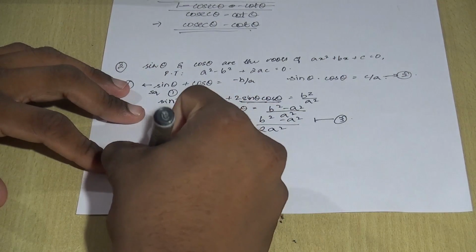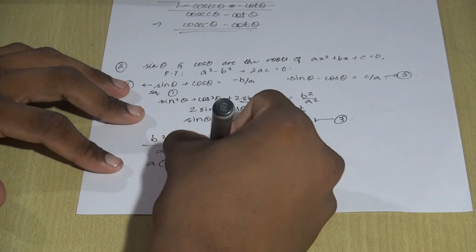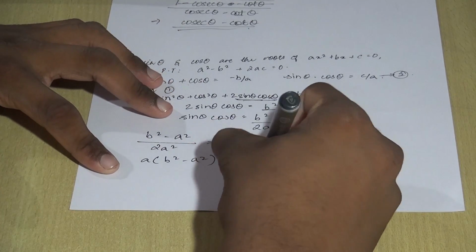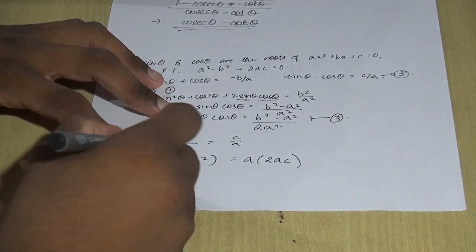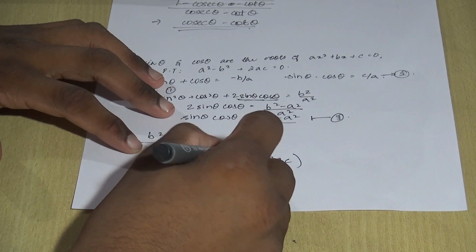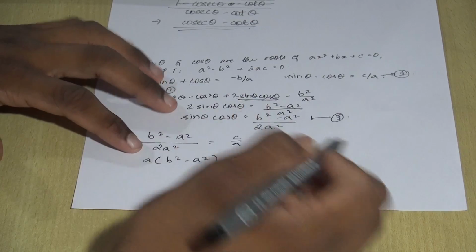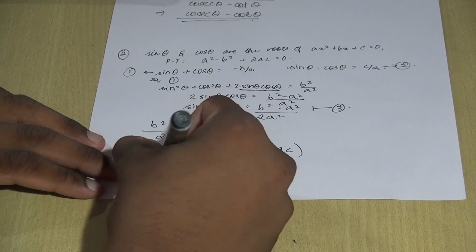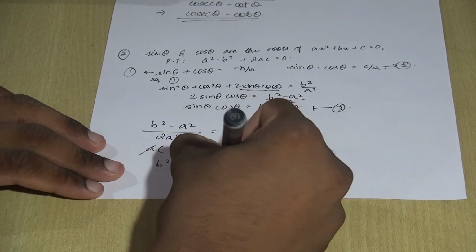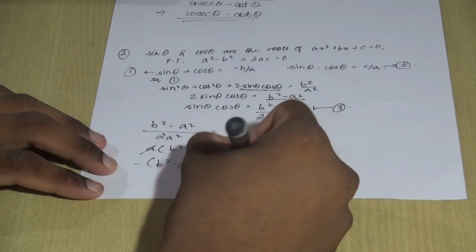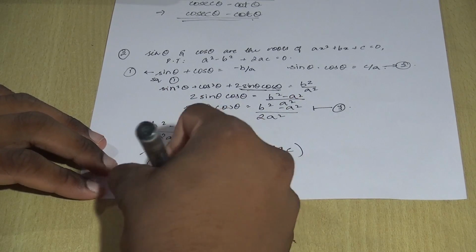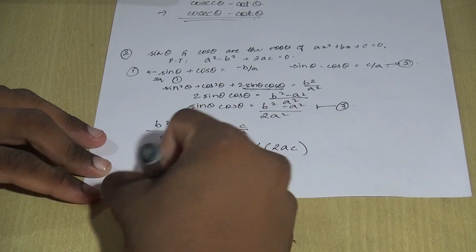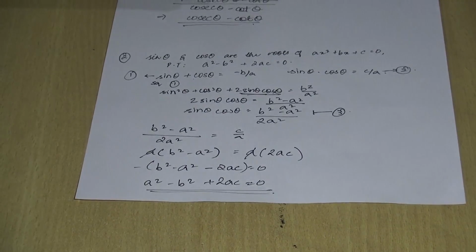Cross multiply, we get a into (b square minus a square) is equal to, by taking a out common, you get 2 into a into c. 2a square c, a into 2ac is 2a square c. So I've just taken out a common so that I can eliminate a. And transposing this to this side, we get b square minus a square minus 2ac is equal to 0. If you take negative out common, you get a square minus b square plus 2ac is equal to 0. And hence, like this you can solve trigonometric problems.